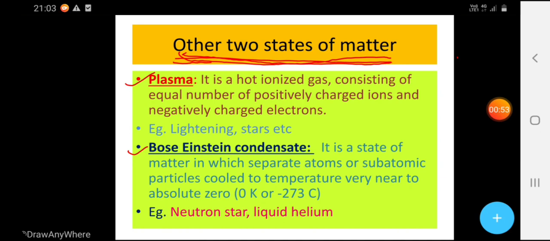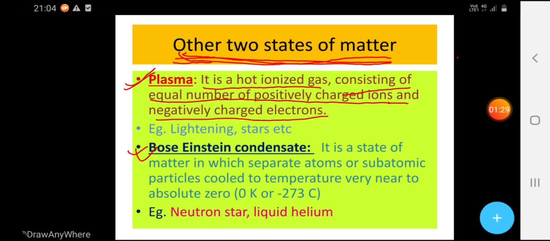If anyone asks you about the states of matter, you will say that three, solid, liquid and gas, are important, and after that there are two more states, plasma and Bose-Einstein condensate. Okay, then what is plasma? It is a hot ionized gas consisting of an equal number of positively charged ions and negatively charged electrons.